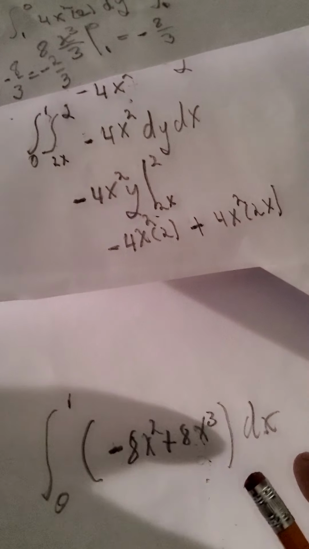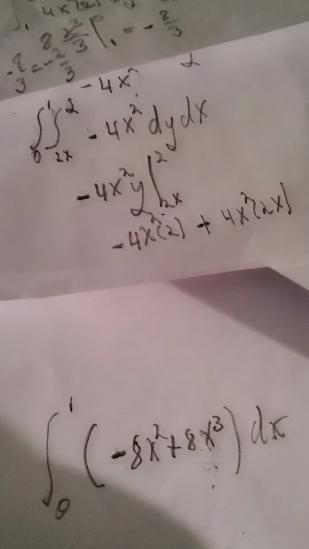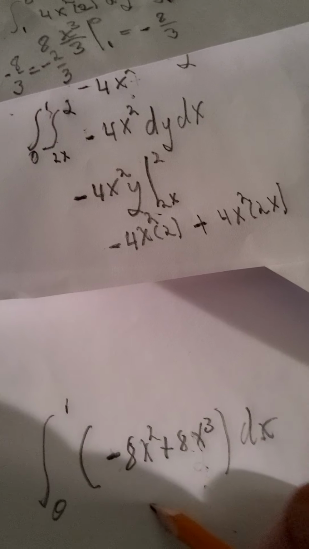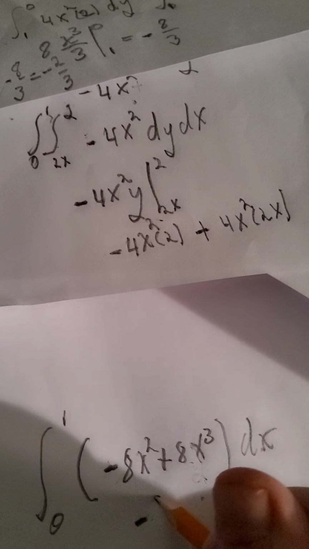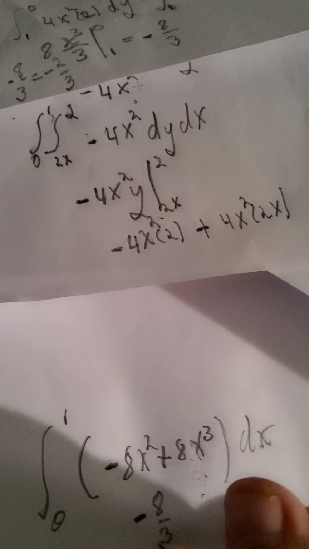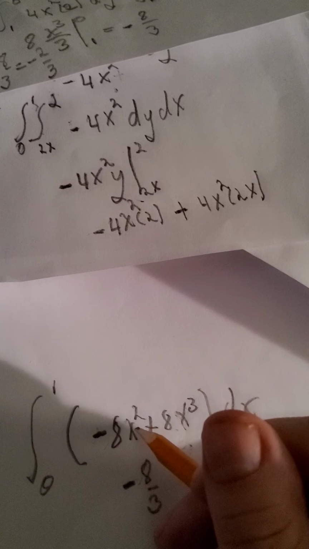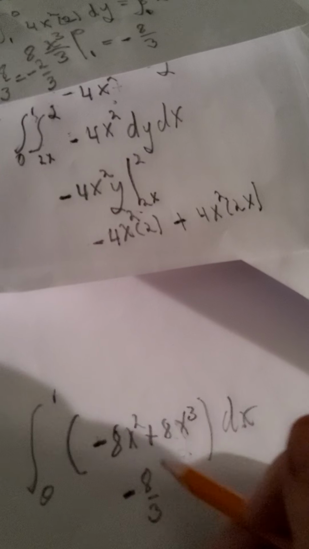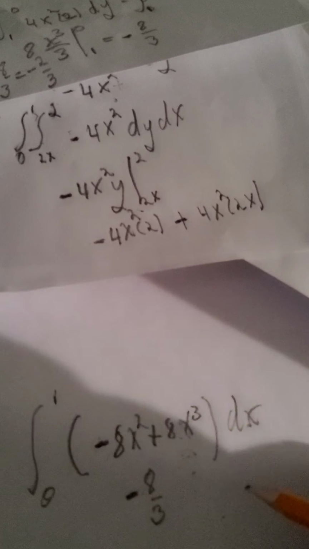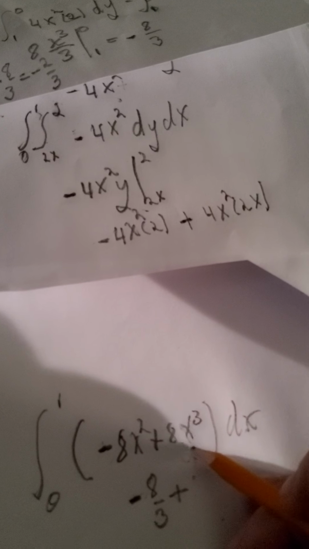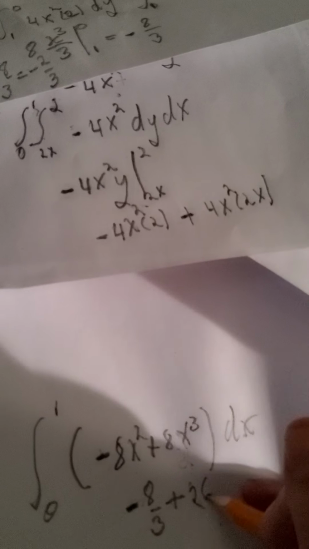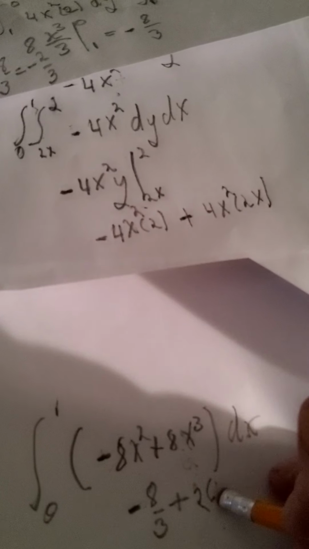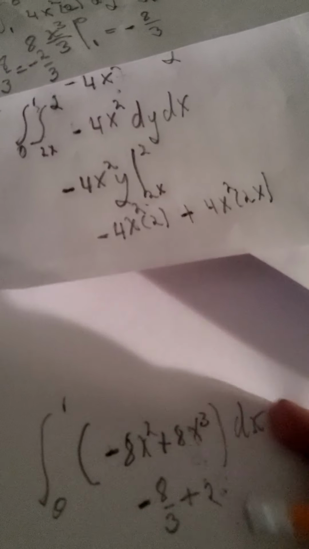So, when I integrate, I get negative 8 over 3, because I plug in 1, x cubed over 3. So negative, and then I plug in 1 here, so I get that. Plus, that's going to go x to the 4th over 4, which would be 2x, and 2 times 1 is just 2.